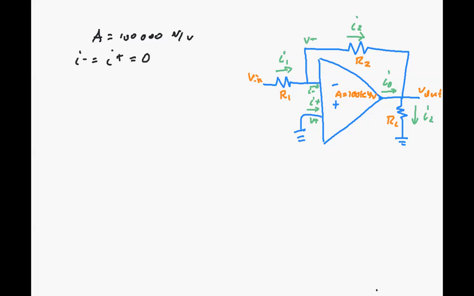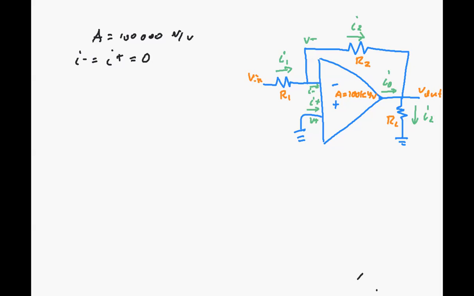This is a non-ideal op amp from the standpoint that it has a non-ideal gain, but we're still assuming that it's essentially an op amp in other aspects. It has 0 output resistance and infinite input resistance. If this was a real BJT op amp, that actually wouldn't be true, but it wouldn't make things too much more difficult anyway.